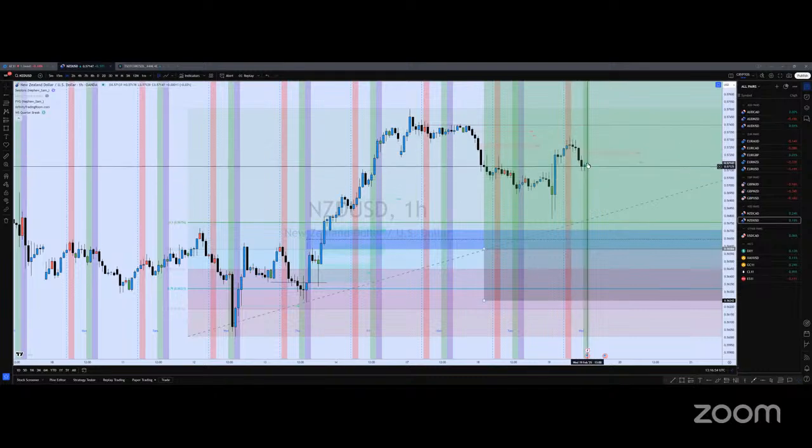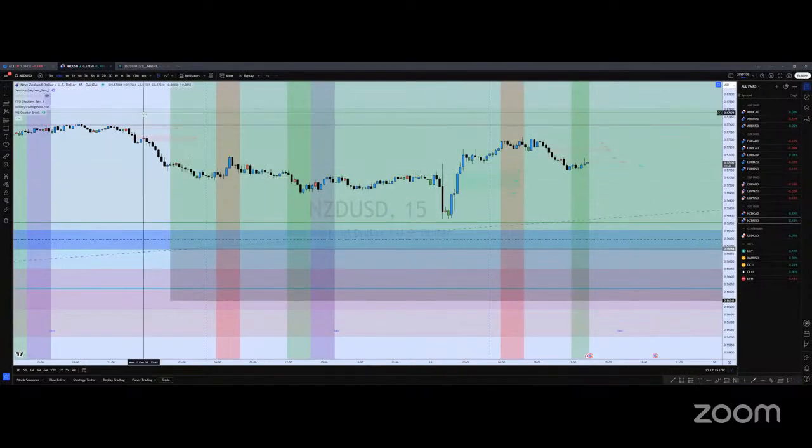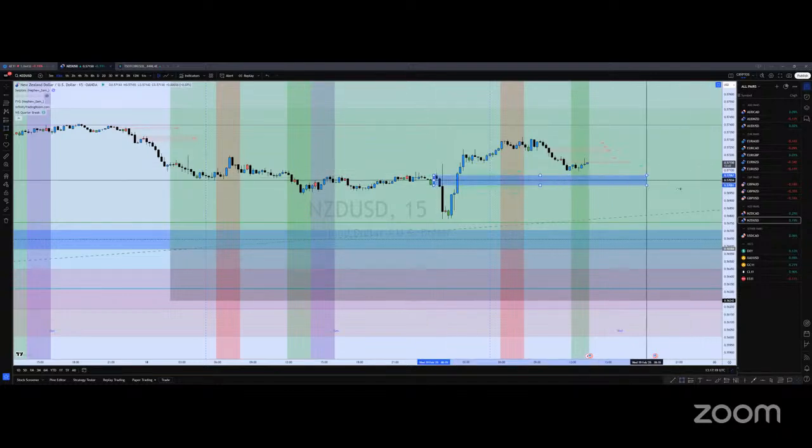So I'm looking forward to a continuation to the upside. It didn't quite get to where I wanted, which was at least this fair value gap. But anyway, it has rejected the previous day low taken, and then they've broken market structure. So on the 15 minutes, this up candle here will not be bad for a potential buy to continue going higher.